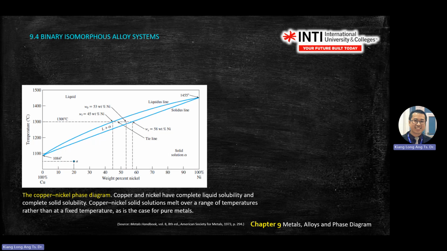You can see alpha, right? So alpha is nickel alpha. It is solid. Then what else? How many phases? Two? Why two?